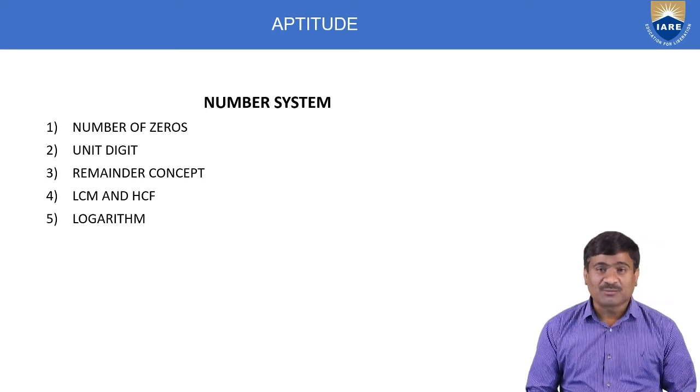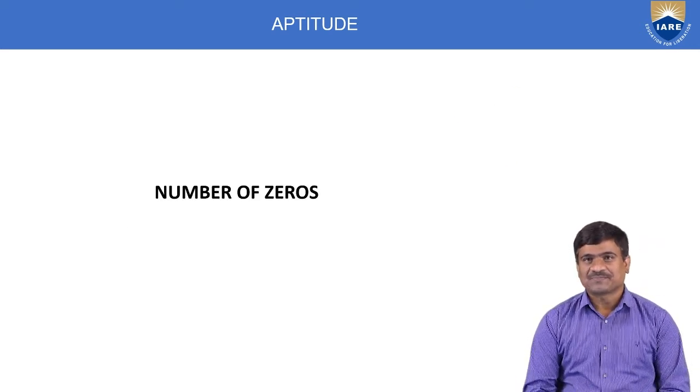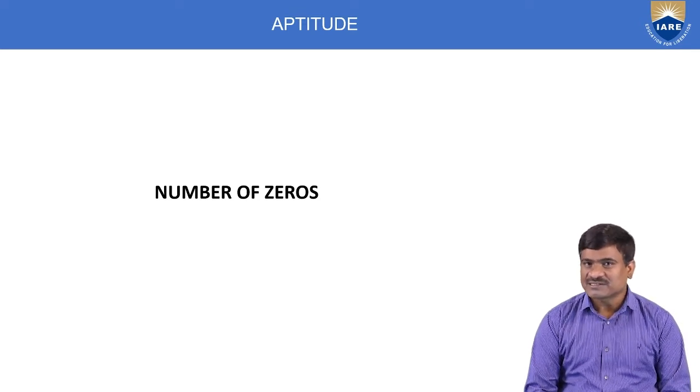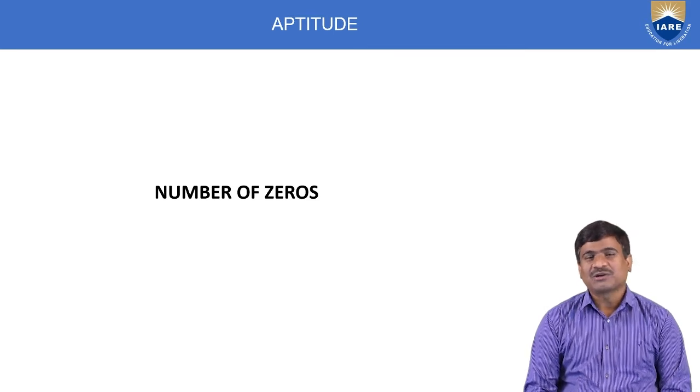Let's start the number of zeros concept. Number of zeros means, this topic belongs to simplification or properties of numbers. Here we calculate only the total number of end zeros by using the multiplication operator.